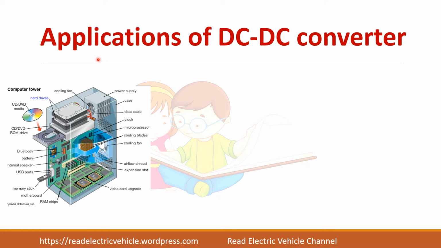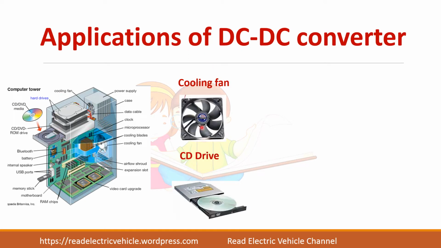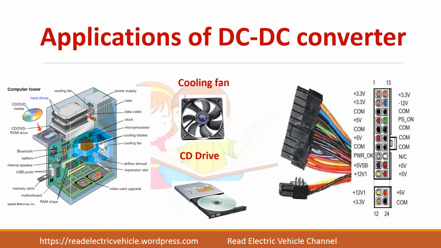Let us see the applications of DC-DC converter. So, if you take this computer CPU, you have many components connected to it. So, each device may require different voltages, and you have ICs which may require different voltage.